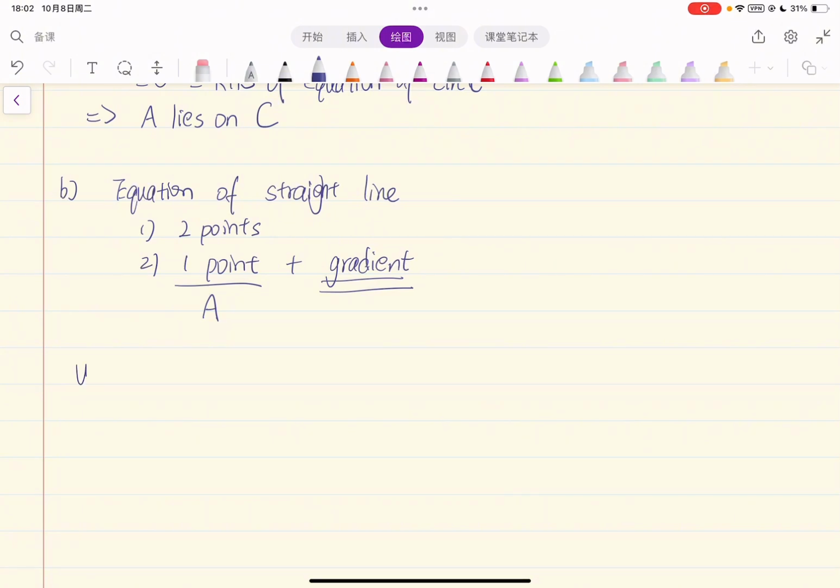Let me change the color. We need to have the gradient of the tangent. So how do we know that?